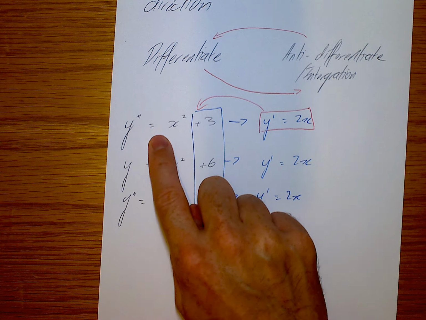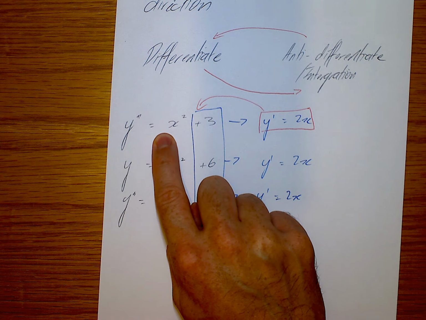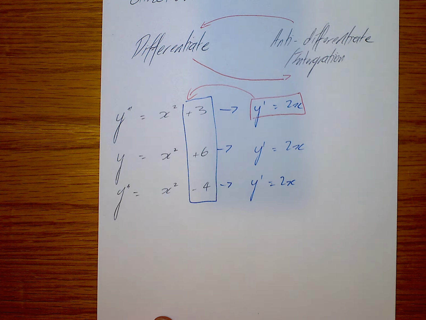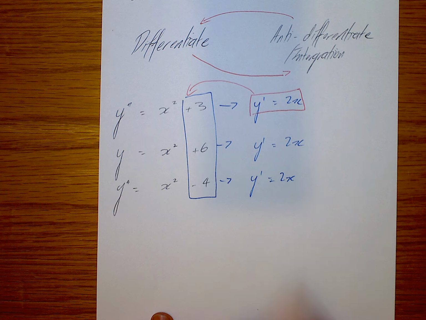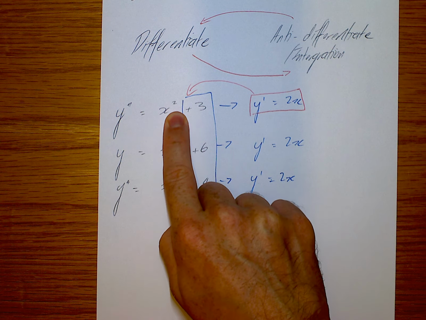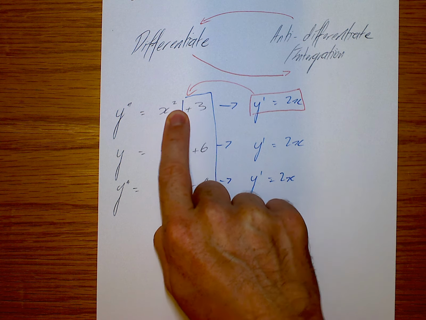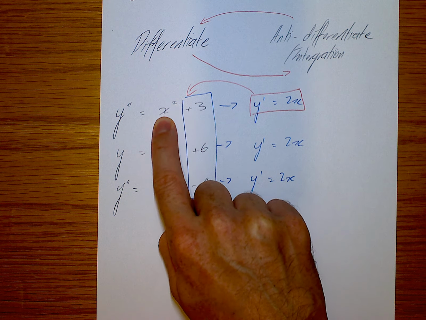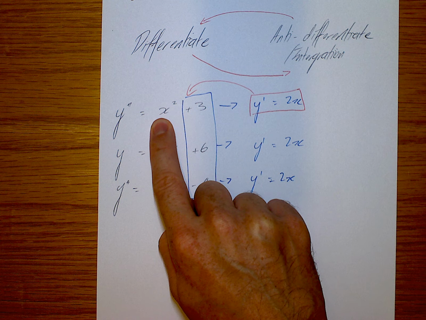I've got to take what's out the front and put it back on top. And something more important, I guess, is you've got to plus 1 to the indice, because we're always minusing 1 from the indice and bringing it down.